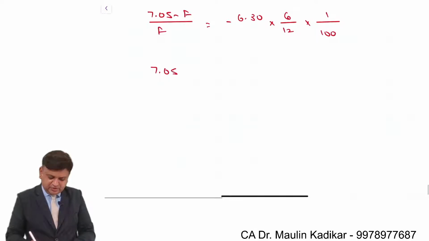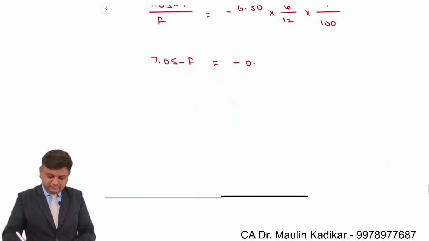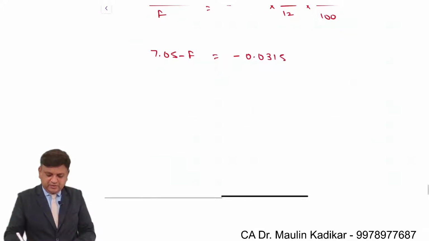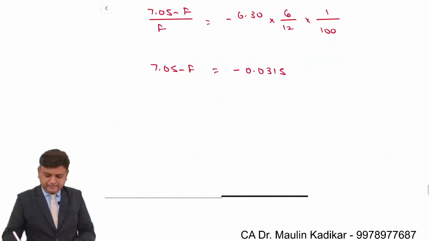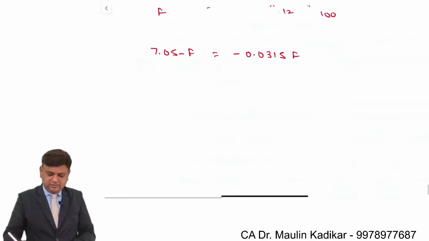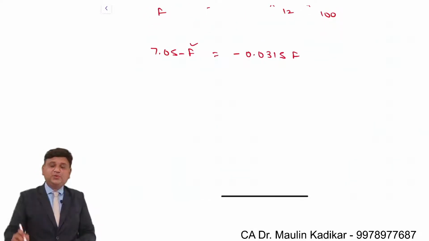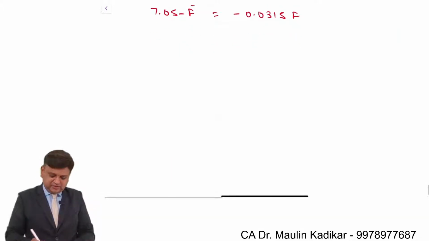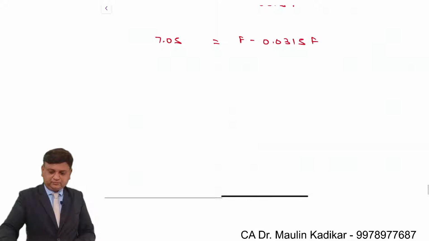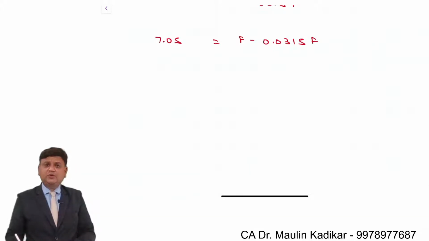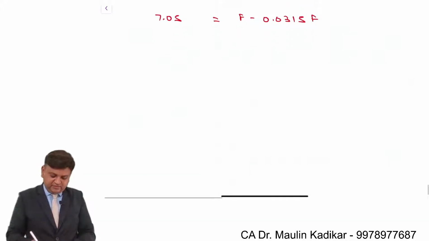So 7.05 minus forward is equal to minus 0.0315 forward. Now this forward is transferred to the right hand side and it will become positive. So 7.05 is equal to forward minus 0.0315 forward. The difference of both of them is 0.9685.